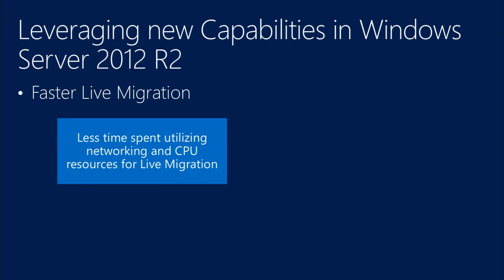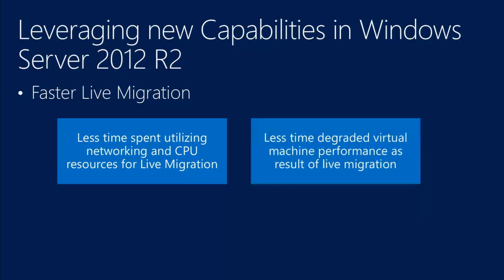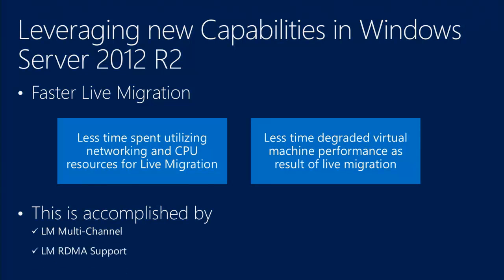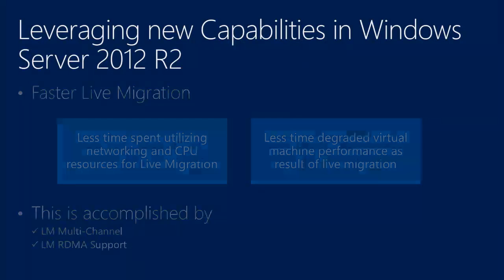So if you have a shared infrastructure, the last thing that you want to do is to compromise the performance of other tenants because you're doing a live migration or something like that. So we improved the live migration using a set of new capabilities that we accomplished by using live migration multi-channel and live migration RDMA support. And during the demonstration that we are going to do later on, Josh is going to emphasize exactly at which point in time we are leveraging those capabilities.